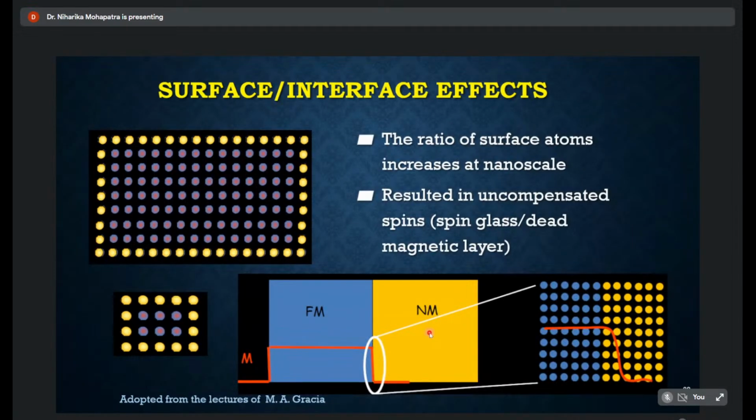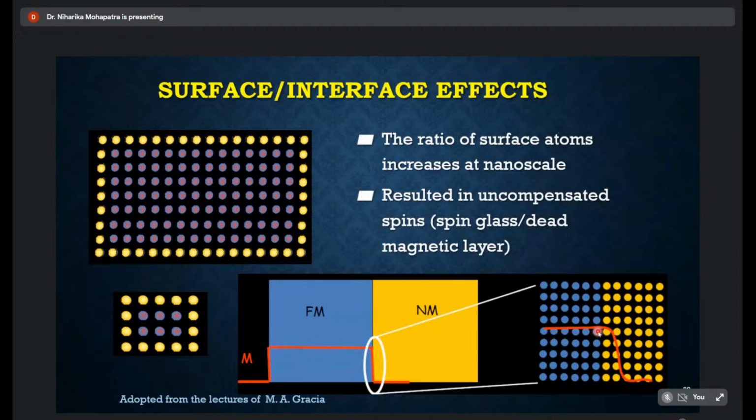Now coming to the interface effect. If we combine a ferromagnet with a non-magnet, like a paramagnet or diamagnet, you will see that there is some sort of exchange interaction present over here, but in this particular area there is nothing.